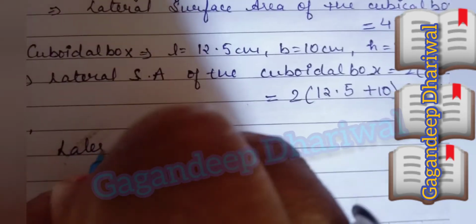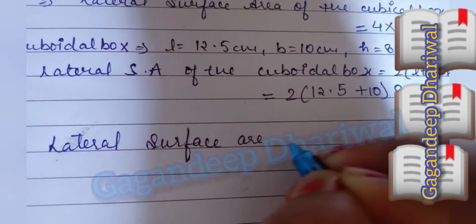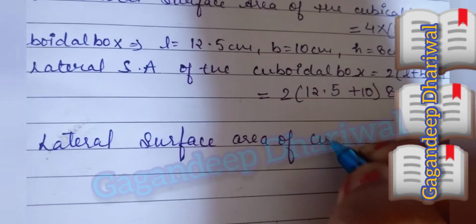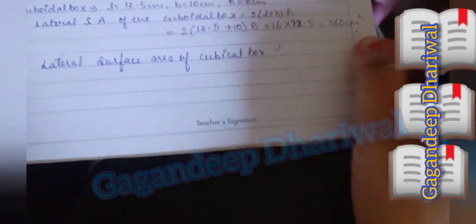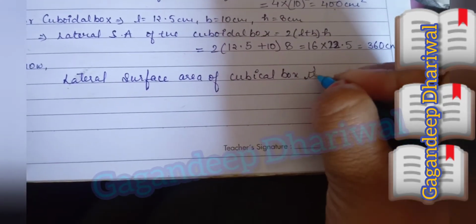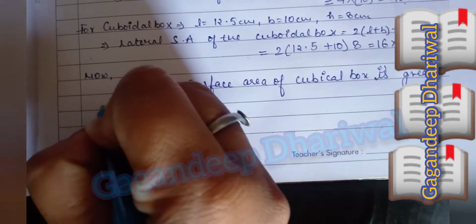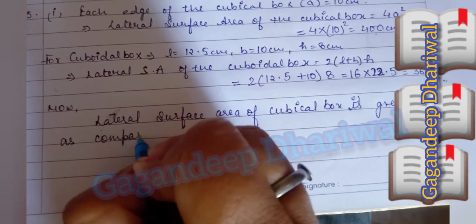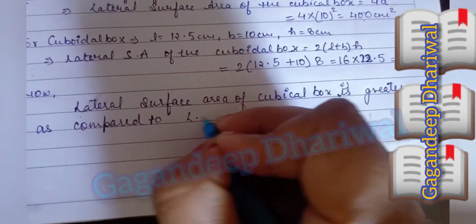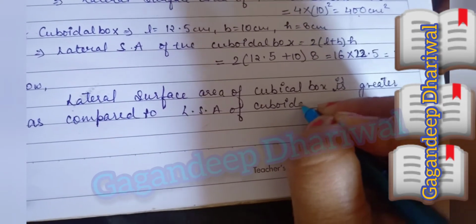Lateral surface area of cubical box. Now the lateral surface area of the cubical box is greater as compared to the lateral surface area of the cuboidal box.